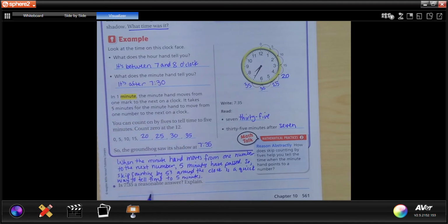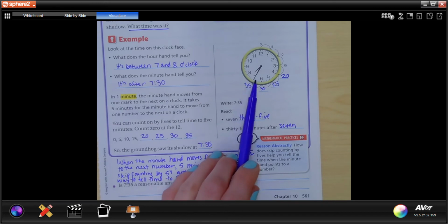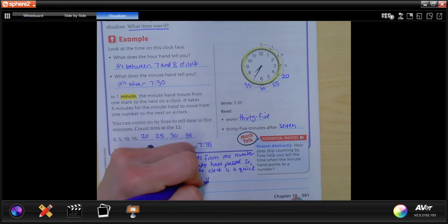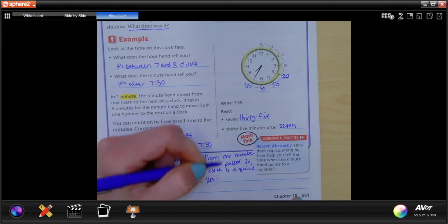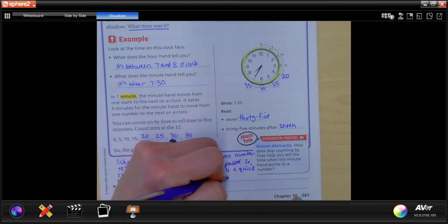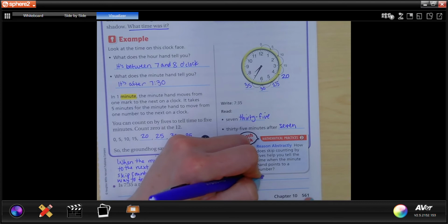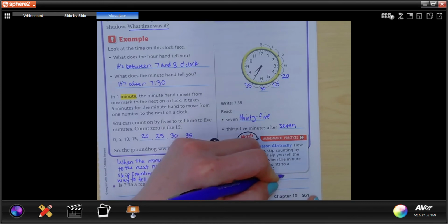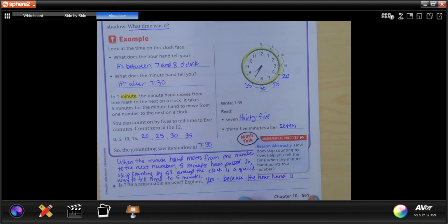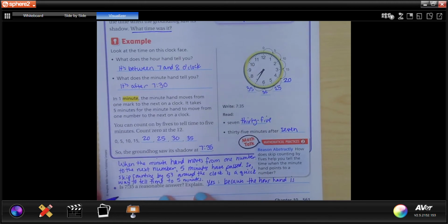Is 7:35 a reasonable answer? Explain. Well, yes, we know that it's 7:35 because the hour hand is where? It's between the 7 and 8.